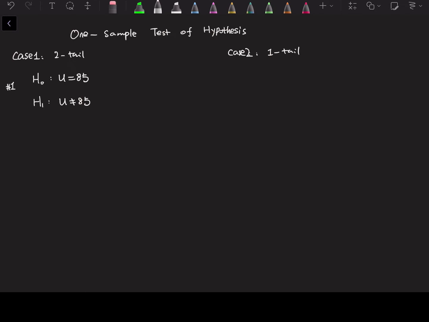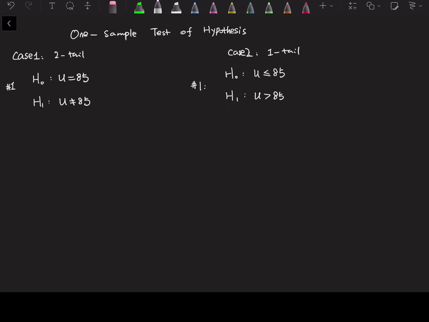Okay, so for case number 2, step number 1 is state the null and alternative hypothesis. And here, again, refer to episode number 1, the first episode of hypothesis testing. So we always put the research question in the alternative hypothesis. So if I'm interested in whether the population mean score of statistics is greater than 85, I can just write mu greater than 85, mu less than or equal to 85.